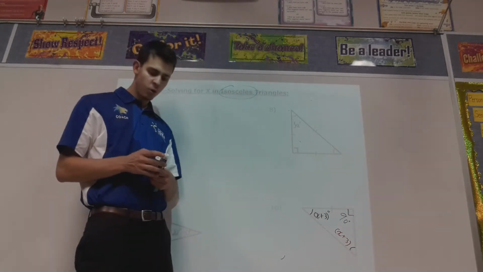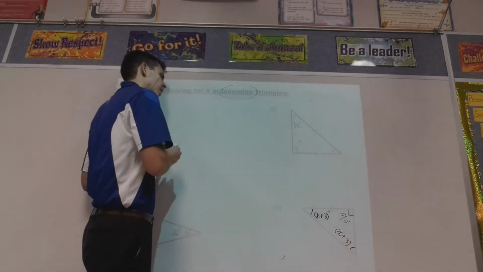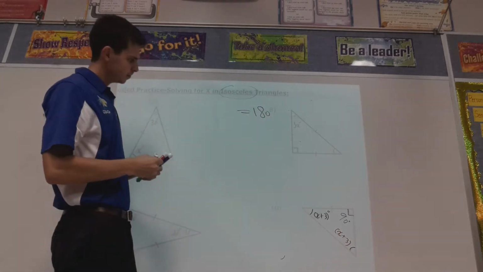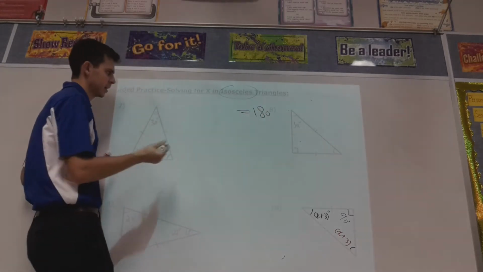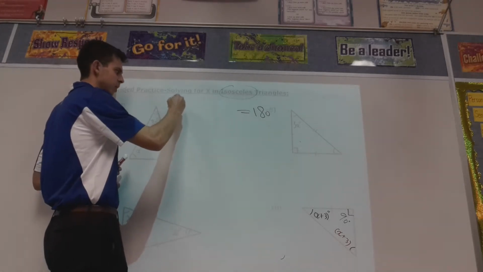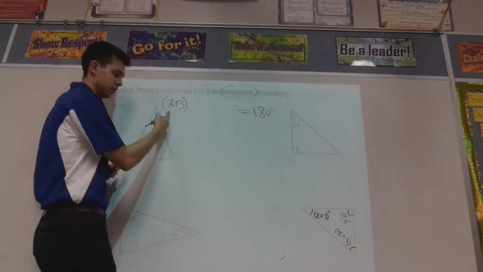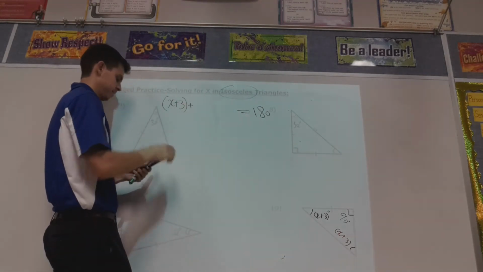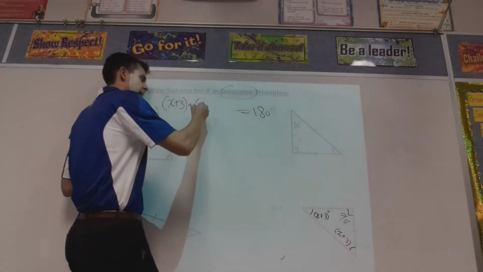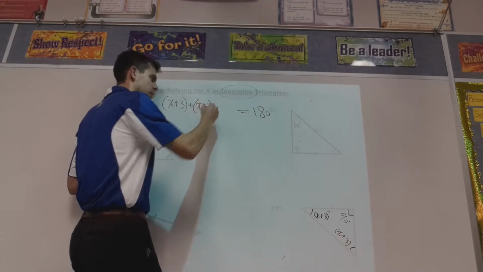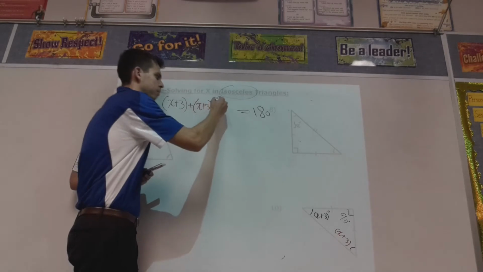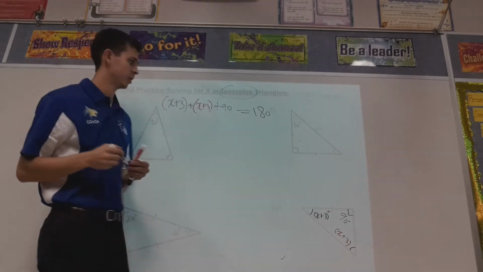So, setting up the equation, we're going to have it equal to 180. And I've got x plus 3 plus x plus 3 plus 90 is equal to 180.